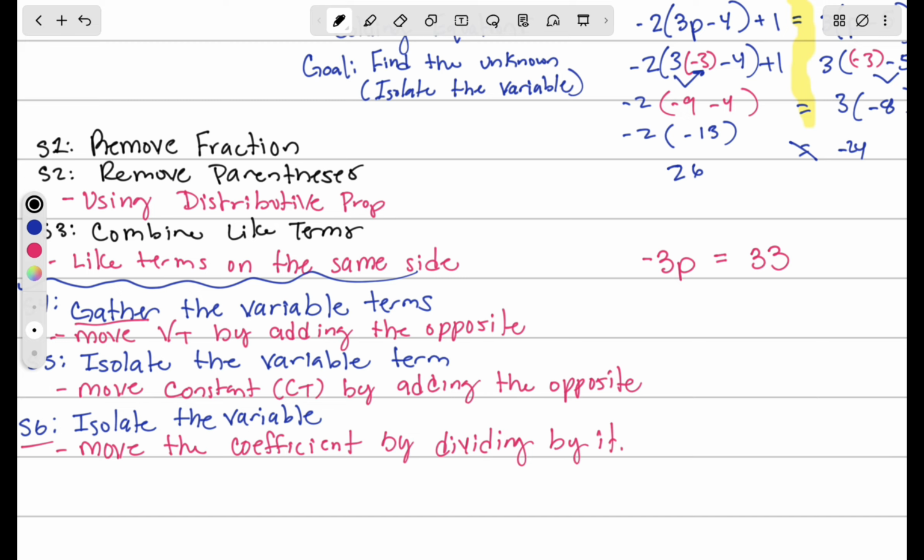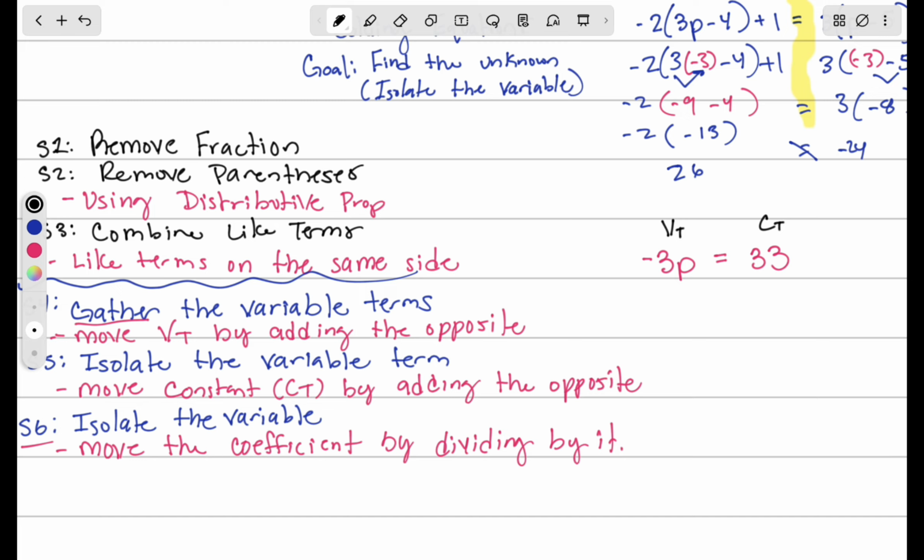Above each term, I want you to tell me what kind of term it is. I gave you 3 types: variables, variable terms, and constants. What is negative 3p? It is a variable term. Write VT above it. And 33 is a what? It is a constant term.